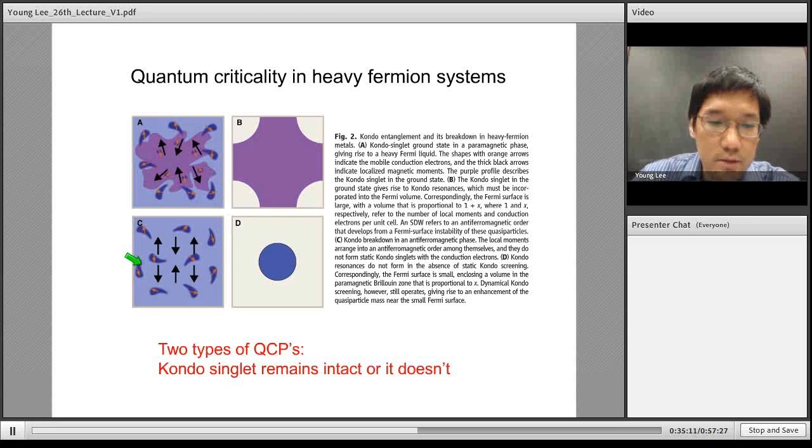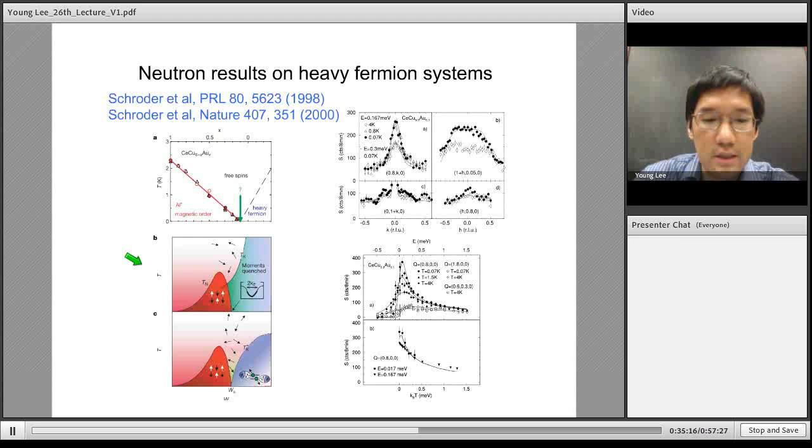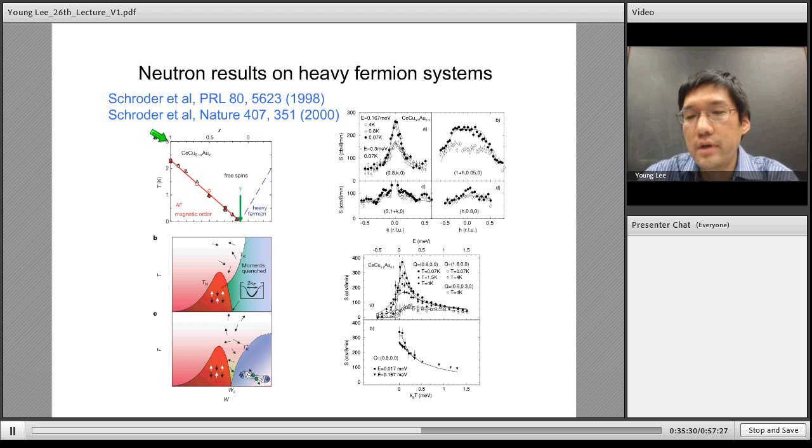All right, so how does this play out in a real material and in experiments? So here are some famous results by Schroeder and co-workers on this compound cerium copper gold. And this was a test of how this transition occurs between going from the unordered, just heavy fermion metal to the ordered antiferromagnetic state. And this occurs as a function of, in this case, doping.